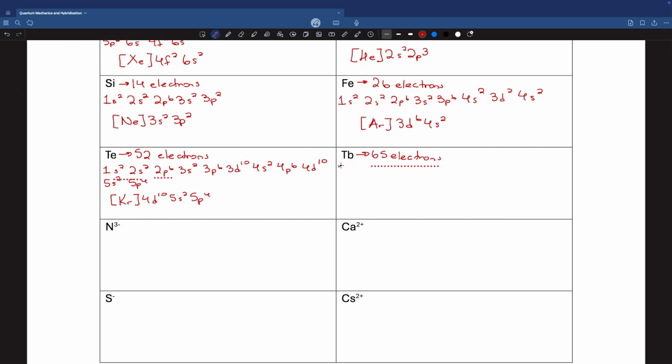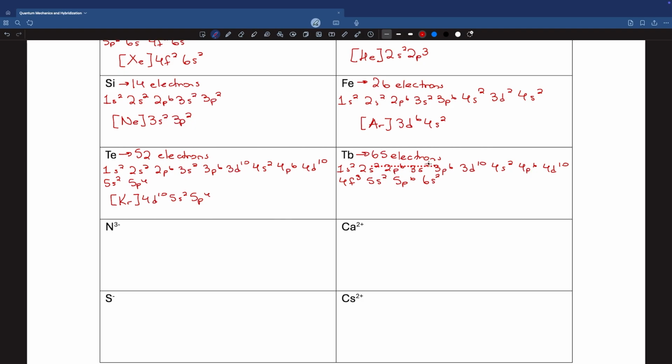The next element, terbium, Tb, has 65 electrons, so quite a long one. And we'll start with a 1s2, 2s2, 2p6, 3s2, 3p6, 3d10, 4s2, 4p6, 4d10, and then we move on to the 4f9, 5s2, 5p6, and our final shell 6s2 is completely filled.